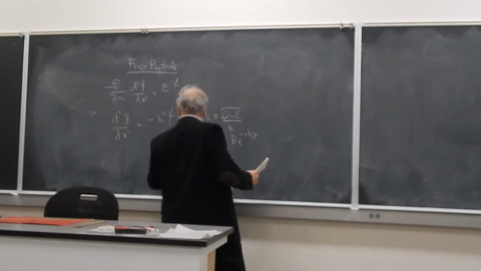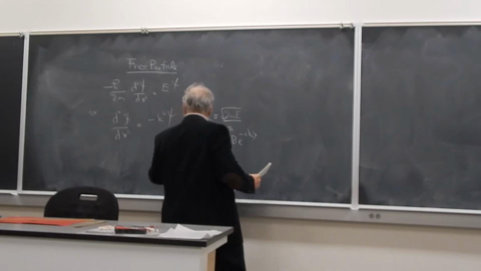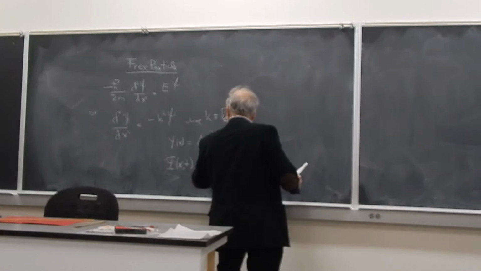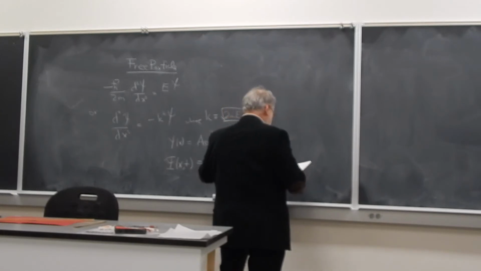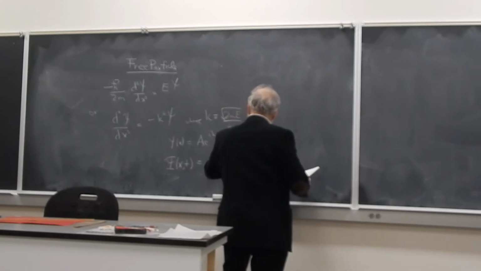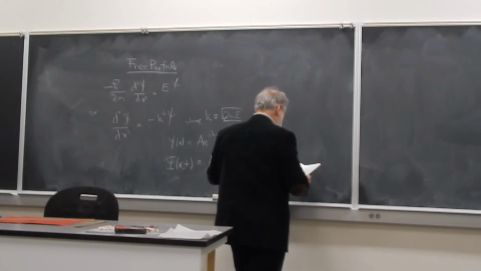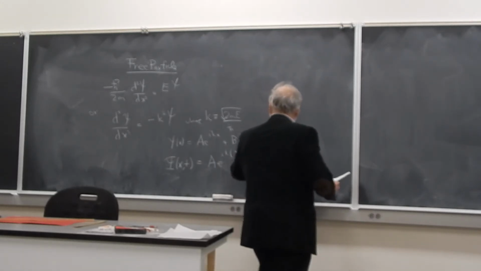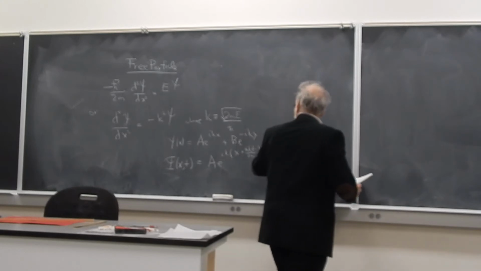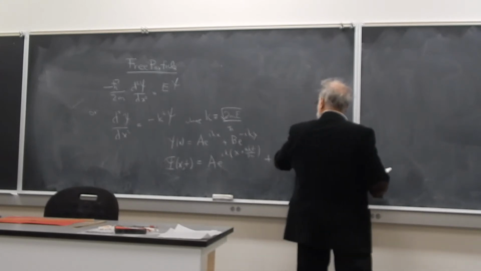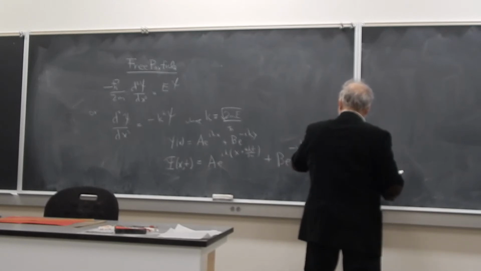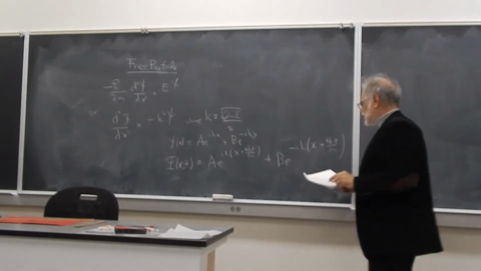So I can write capital Psi of x and t as A e to the i k, and I'm going to write this as x plus h bar k t over 2m, plus B e to the minus i k x plus h bar k t over 2m.